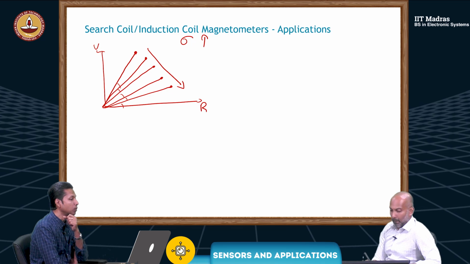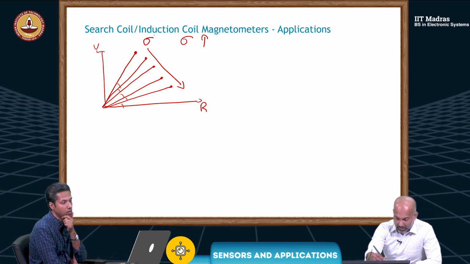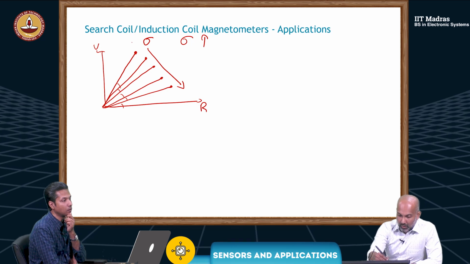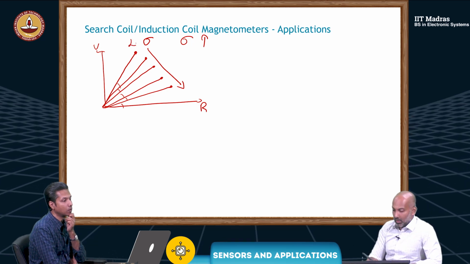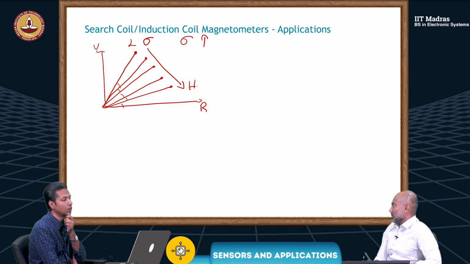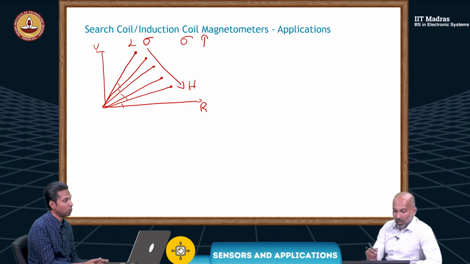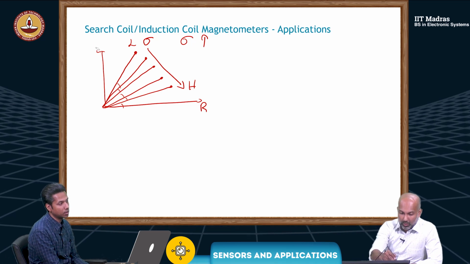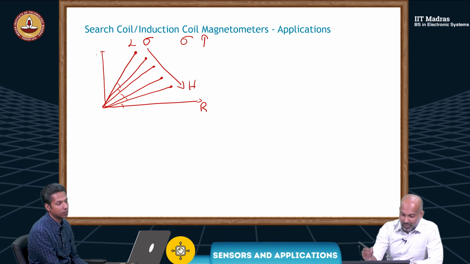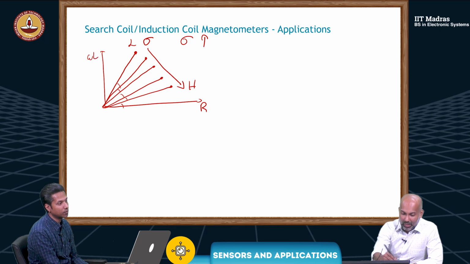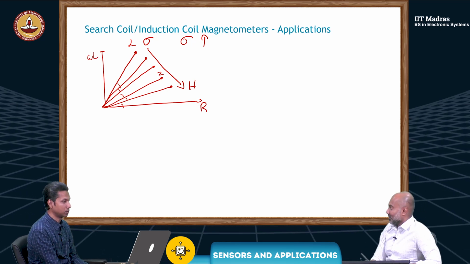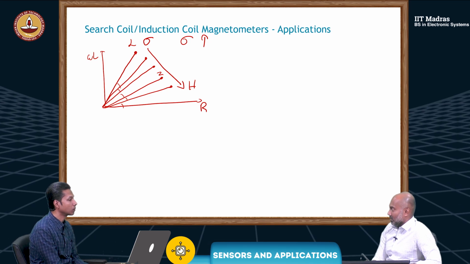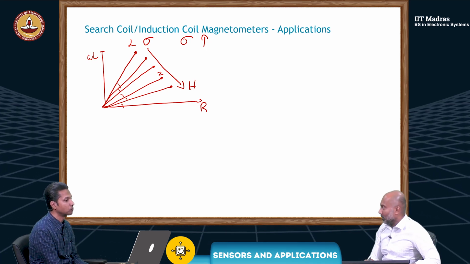So this line that you've drawn is for sigma. This is for the lowest sigma value, and this is for the highest sigma value. Oh, this line is omega L, this is Z. Sorry, my mistake. Got it.